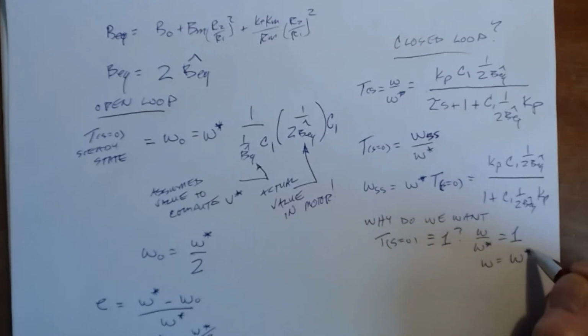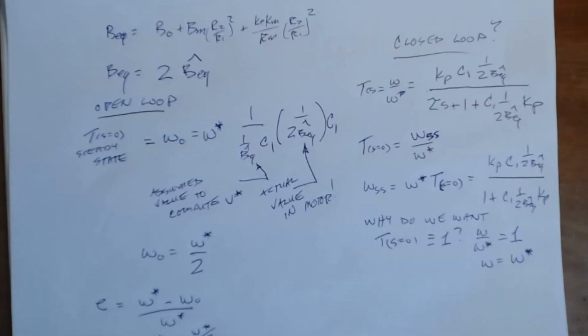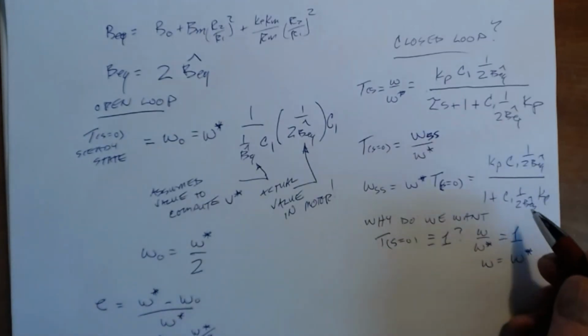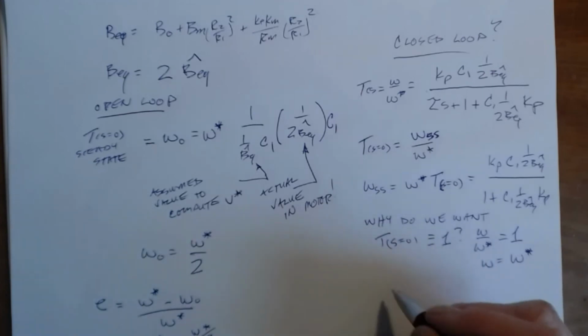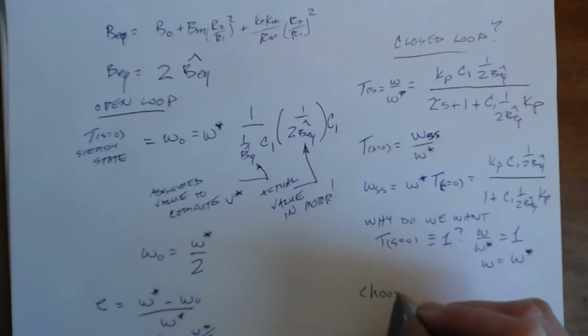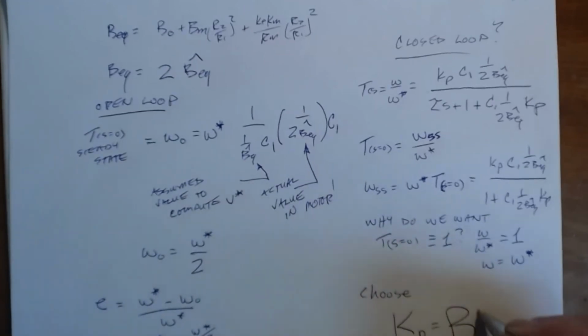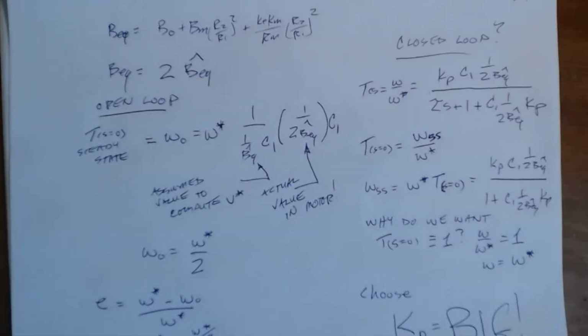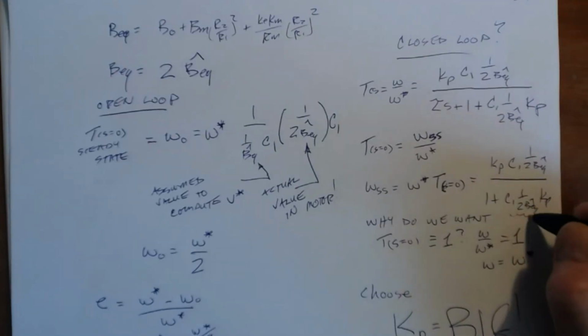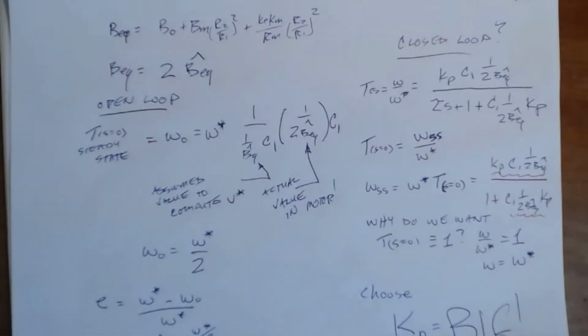Oh, that would be perfect, right? Because then we say, hey, go to this speed, and it goes to that speed. And now I can look at this, and I can see that, as we already said, we choose Kp equals big. And that makes the steady state error go to 0 if that's big.